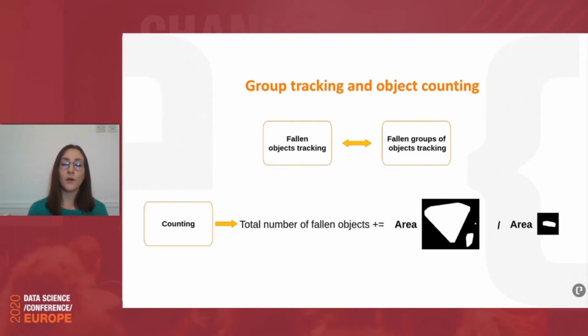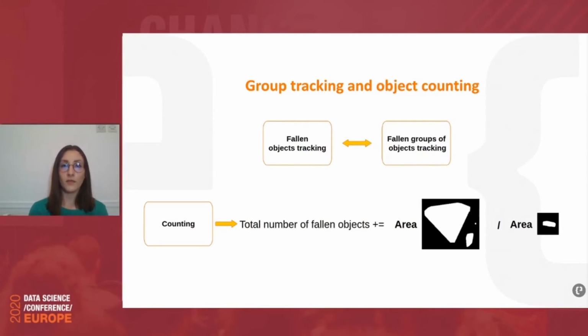One of our main requirements for the system is that it has to be able to track and count groups of falling objects. Our method for tracking falling groups of objects is quite similar to our method of tracking a single falling object. We find the group center, we track its movement and form a unique trajectory.